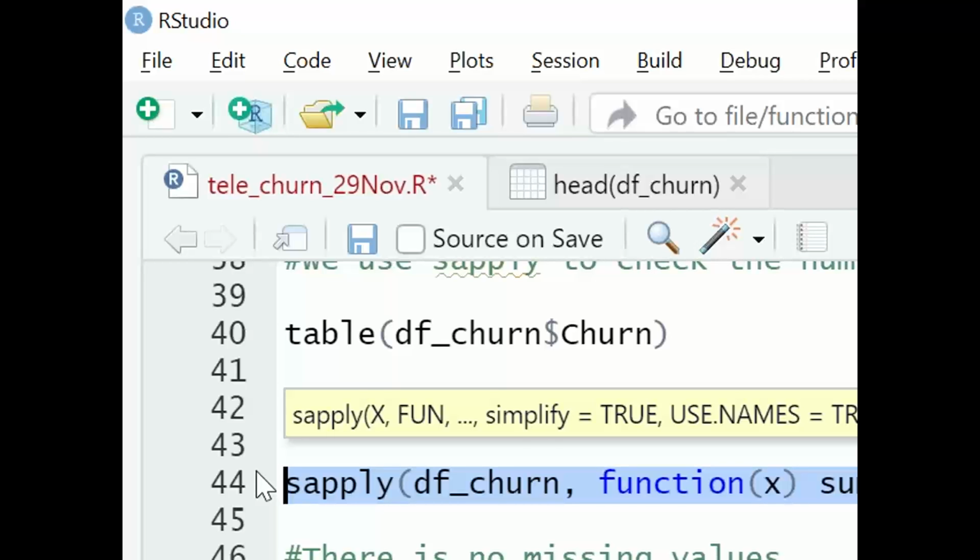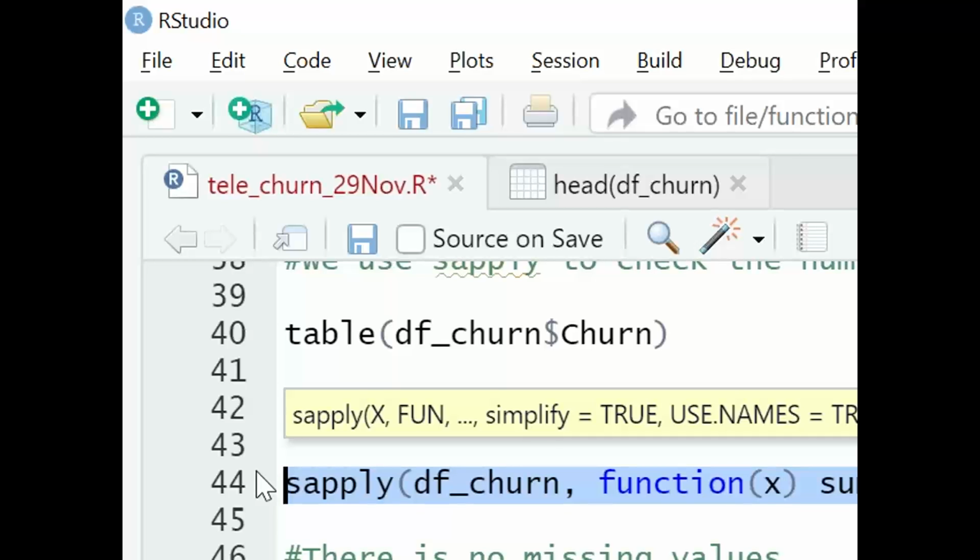This is a quick function that you can use. For each variable, we check if there is any missing value inside it. If a missing value is there, the output will be 1, otherwise 0. So we add up all the ones. If the sum comes out to be 0, that means there is no missing value.